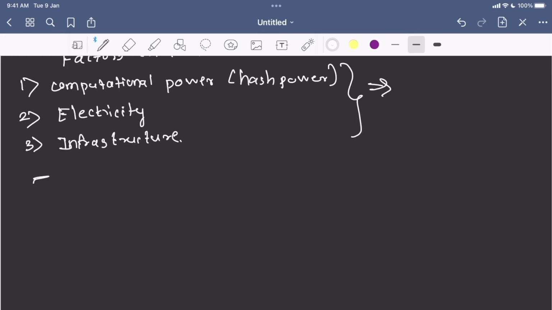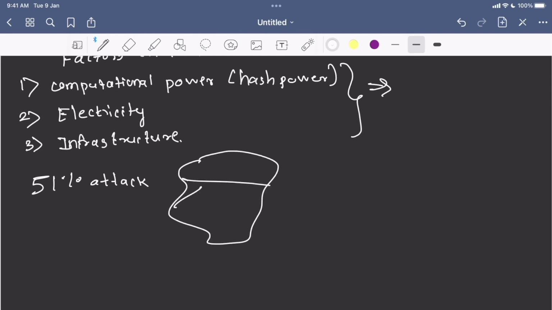Also there is an attack called the 51% attack, when malicious nodes control 51% of the network nodes. So if this is the network, they control 51% of the network nodes and quickly mine and create their longest blockchain.